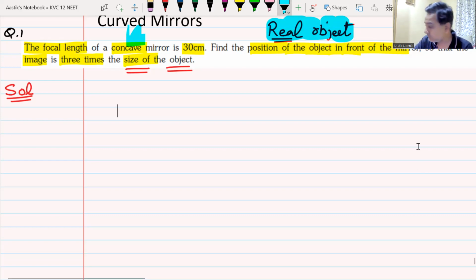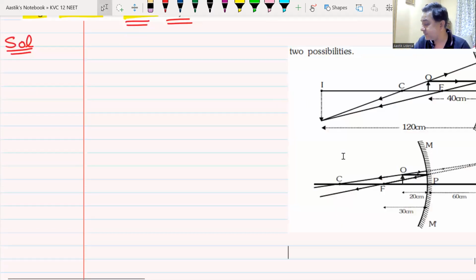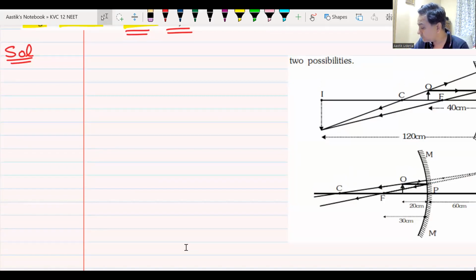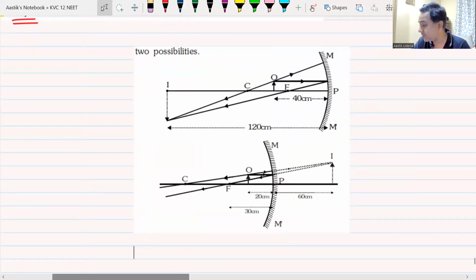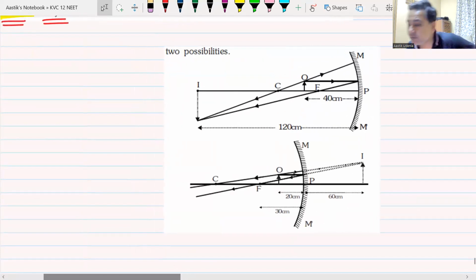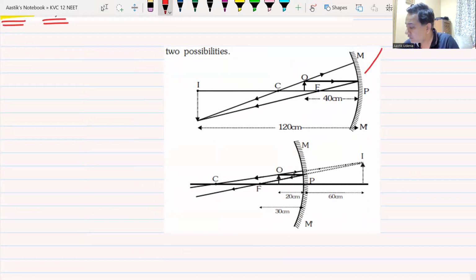Since it can form real as well as virtual images, my dear friends, we have these two diagrams that are possible. This one is for a real image, and this one is for a virtual image.